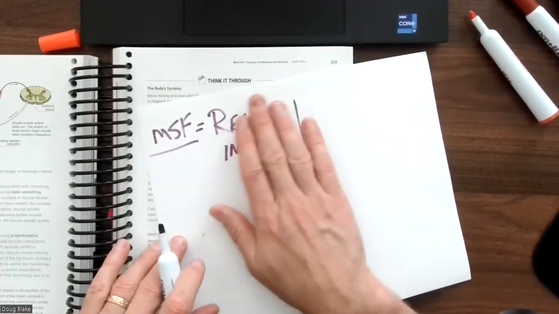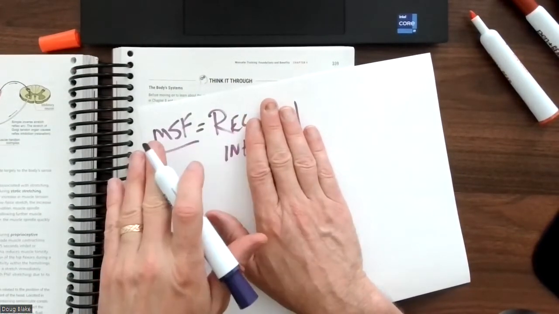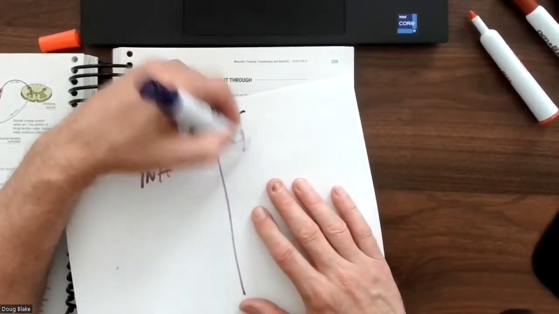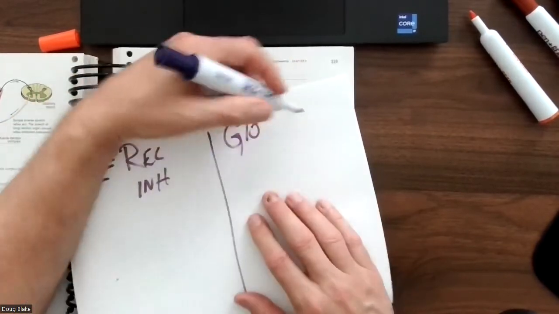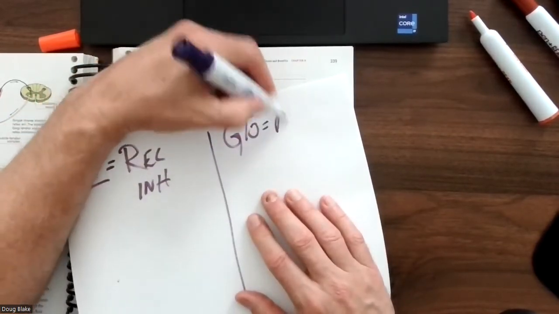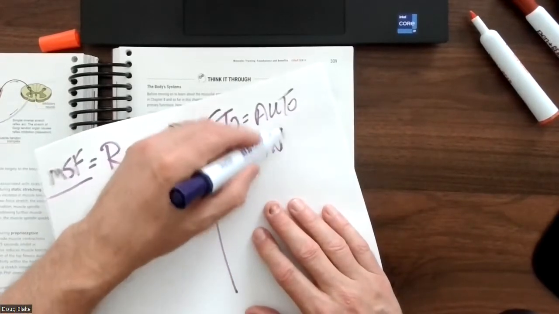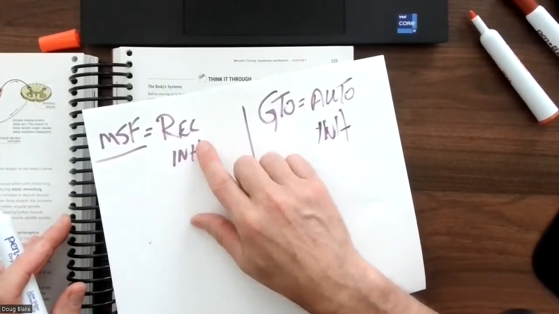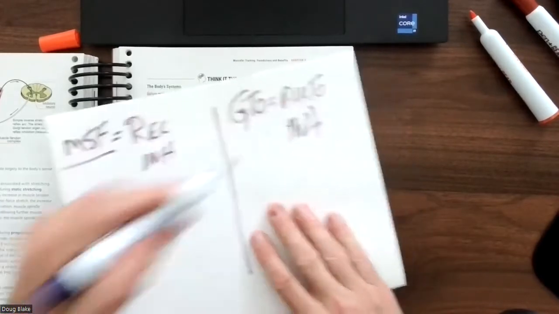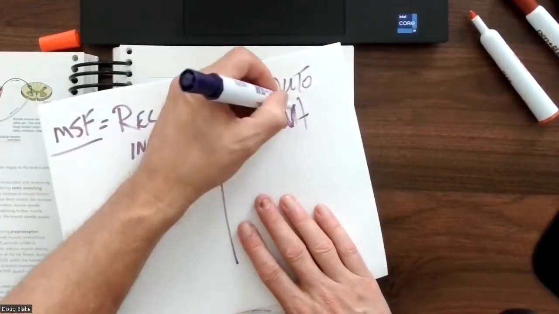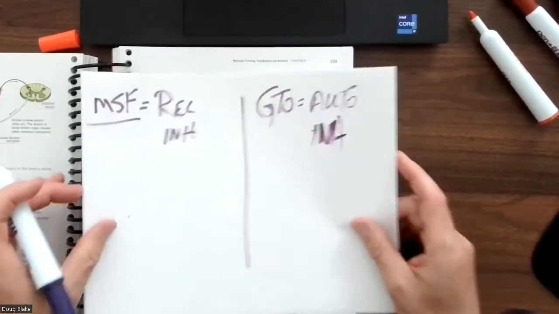Okay, so understanding reciprocal inhibition relates to the muscle spindle fibers, whereas the Golgi tendon organ in general, this is where we talk about what's known as autogenic inhibition. Okay, so reciprocal inhibition, autogenic inhibition, that's an N. Okay, and that's an H. Okay, this is where the two of them come in.